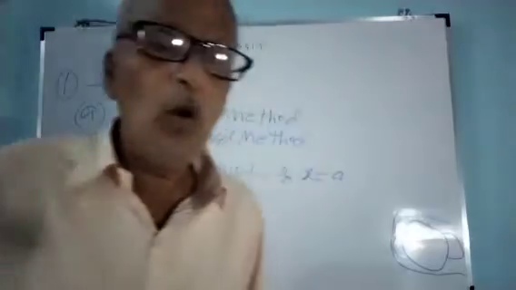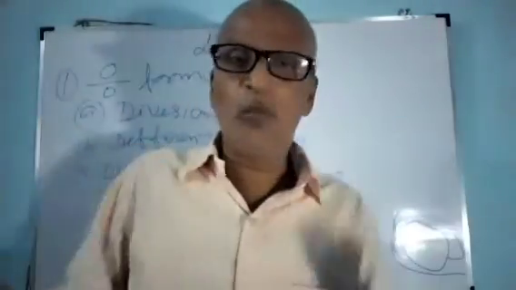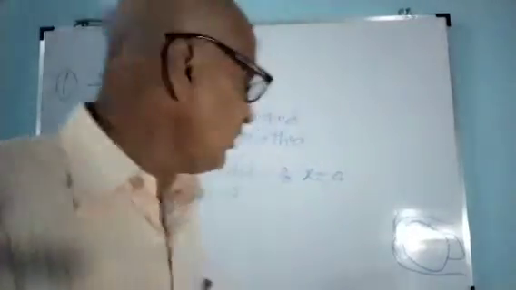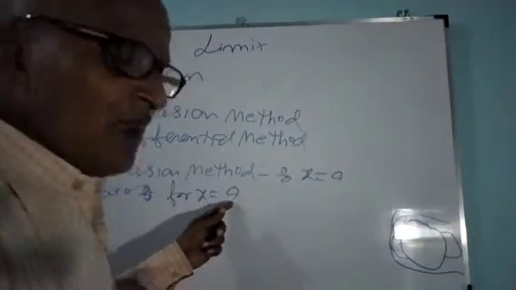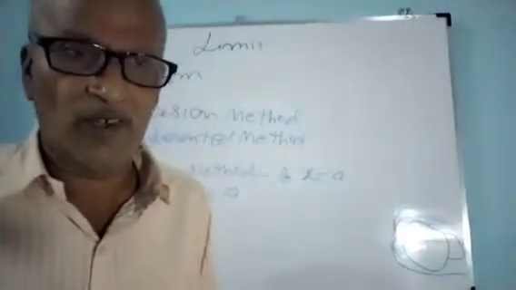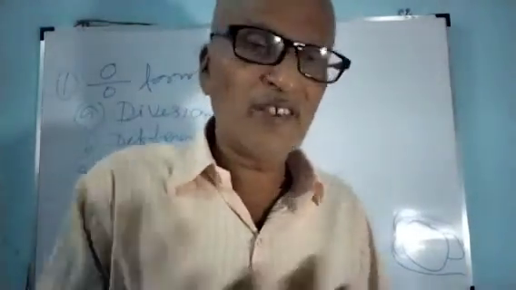We remove this common factor from the numerator and denominator, and then putting the value a for the variable x, we get the limiting value of the function. This will be clear by an example. Let us see.